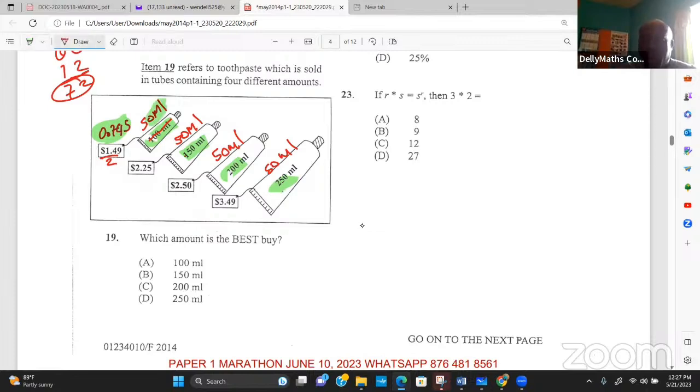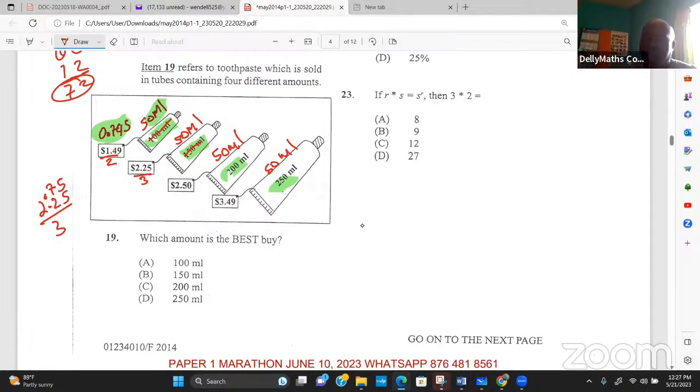How does a 150 change to 50? I'll have to divide by 3. But it's easier to divide by 3 and 2 than to do the other division, right? So I'm thinking about $2.25 divided by 3. Let me put it at the side because that's kind of close. If I divide this by 3, 21, you're getting 7 and 3, 1. So you get 0.75.